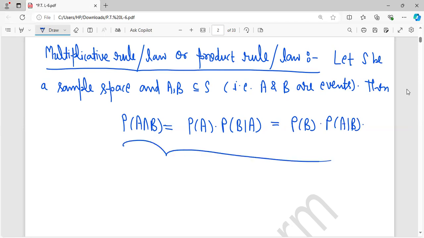So we can prove this one also. Let's see its proof. Why does this follow? Okay.